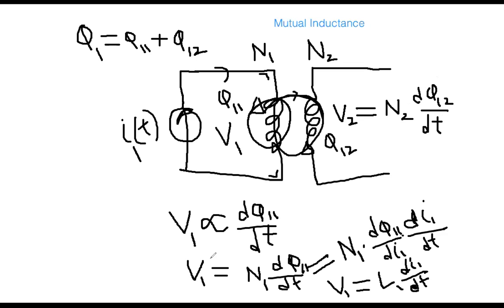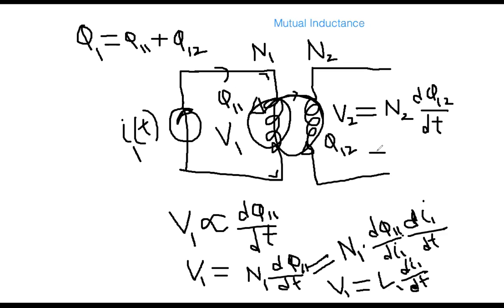See the basic equation: according to Faraday's law of electromagnetic induction, for any coil V is proportional to d phi by dt. Now I am writing the right side equation. It has the number of turns N2. So V2 is N2. Which flux? This one, the common flux phi 1,2. That common flux is developing voltage on this coil. That's why I'm writing d phi 1,2 by dt.